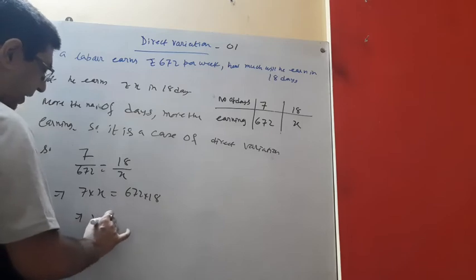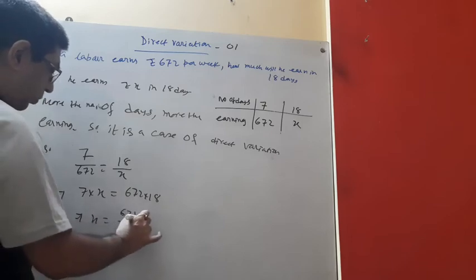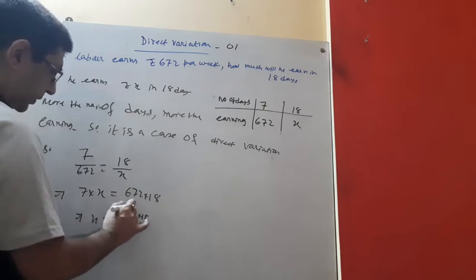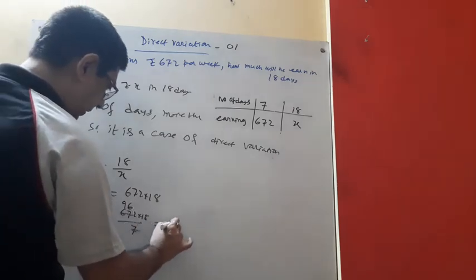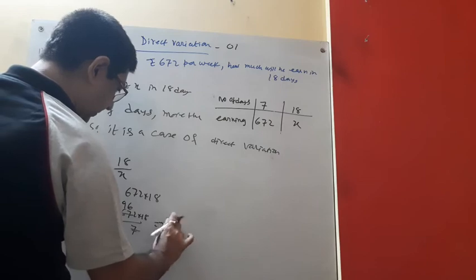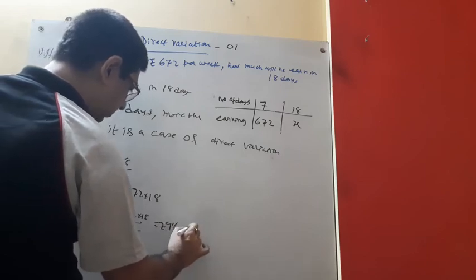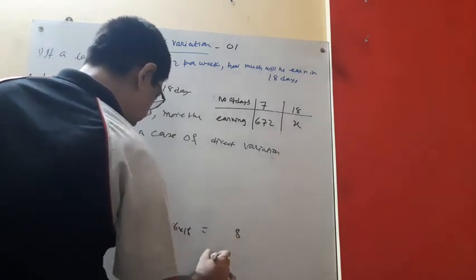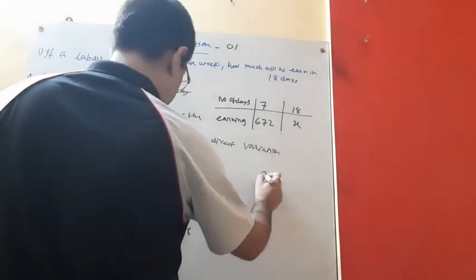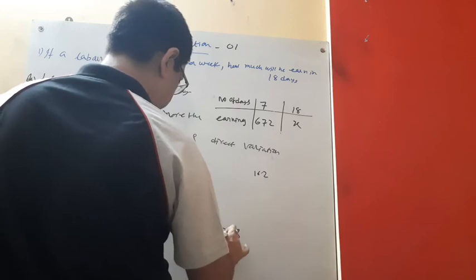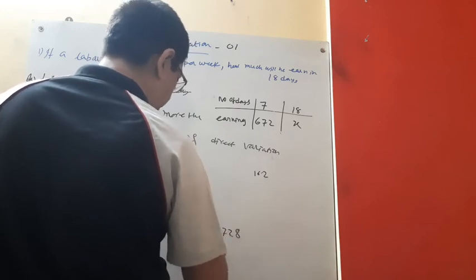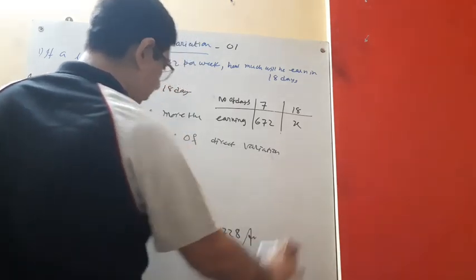So we are getting x equals 672 into 18 by 7, which is 96 into 18, that is 1728. This is the answer, right?